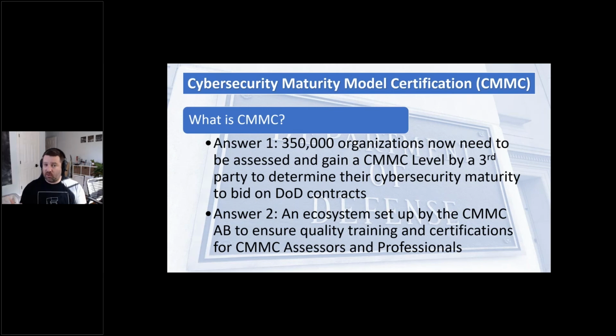CMMC is also an ecosystem that includes training providers where you may need to get training from. It includes assessment organizations, consultants, publishing providers, et cetera. It's a robust ecosystem overseen by the Department of Defense and that is guided along by the CMMC.